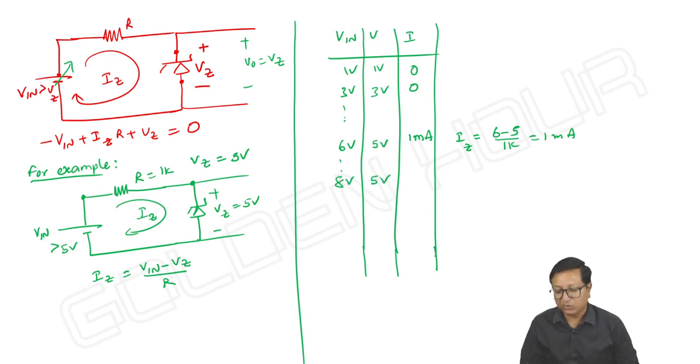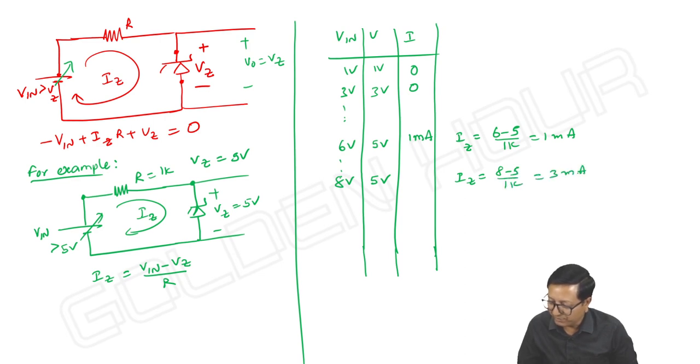Once it undergoes breakdown, even though we vary the input, it maintains a constant voltage across it. It can't maintain constant current; it maintains constant voltage with variable current. So what is Iz here? It is 8 minus 5 by 1K, which is 3 milliampere.